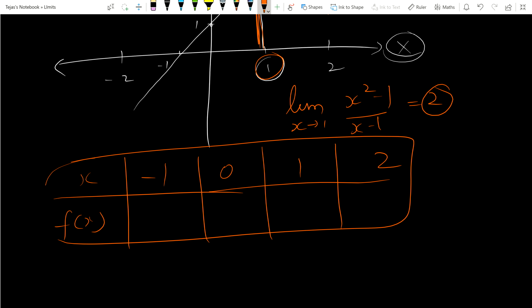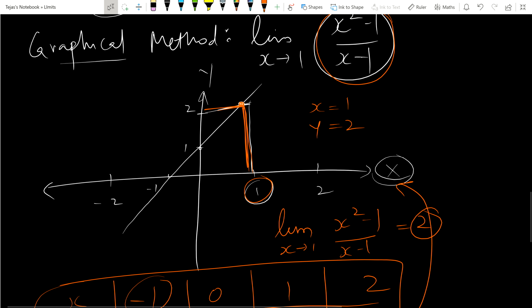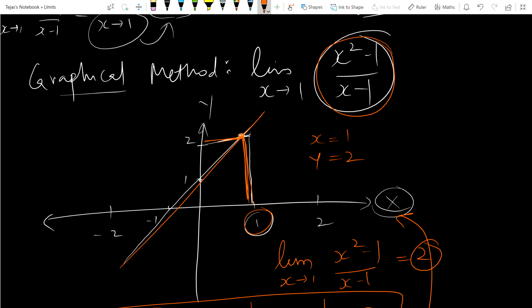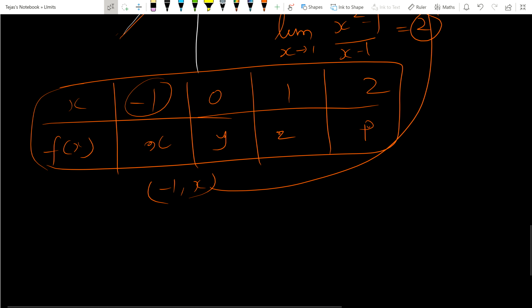And when you put x equals to minus 1, 0, 1 and 2 in the function f of x, you get some values and you plot them. So when you plot the points in this graph, you plot the dots and you connect the lines, and then you get this line. And yes, here the limit is 2.